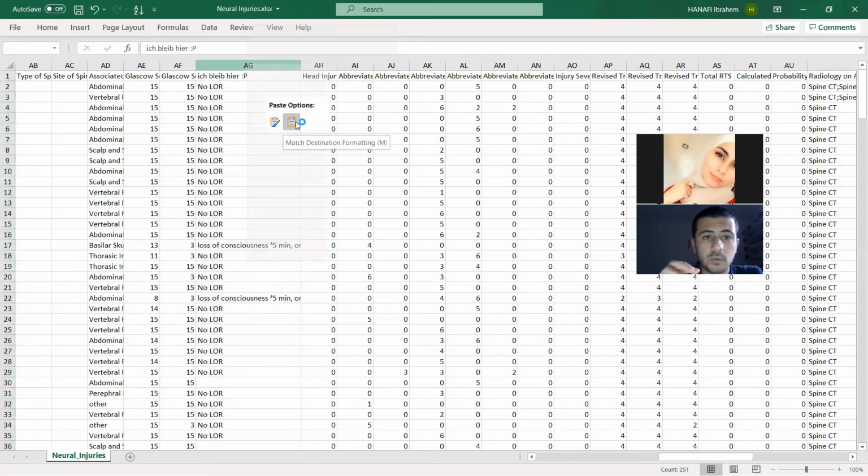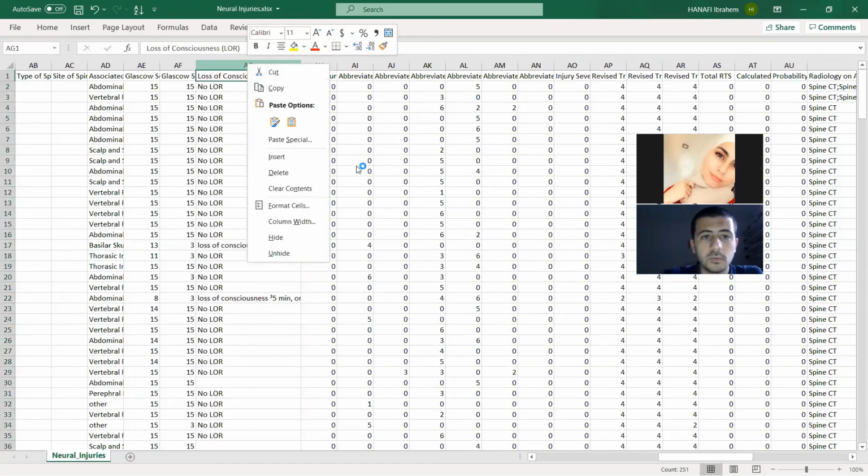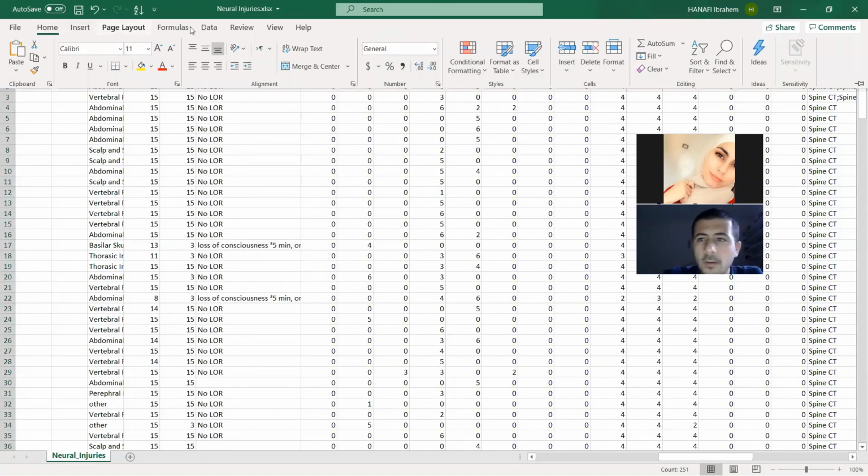Interval. So for here, I will sort them. Okay. No loss of consciousness.